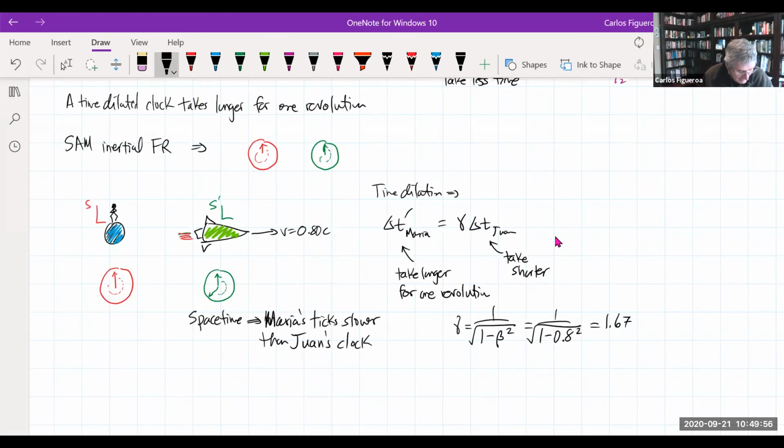And if I have my gamma factor, then I look at this here then. Well, if I'm moving that fast, I know that, so in Juan's frame of reference, he has the proper time.